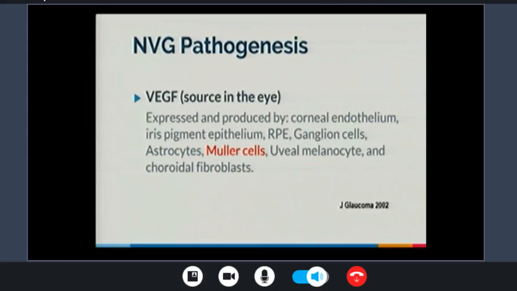In pathological conditions, the major source of vascular endothelial growth factor is Muller cells. This is the major source of pathological concentrations of vascular endothelial growth factor associated with retinal ischemia. So this is very important to remember.